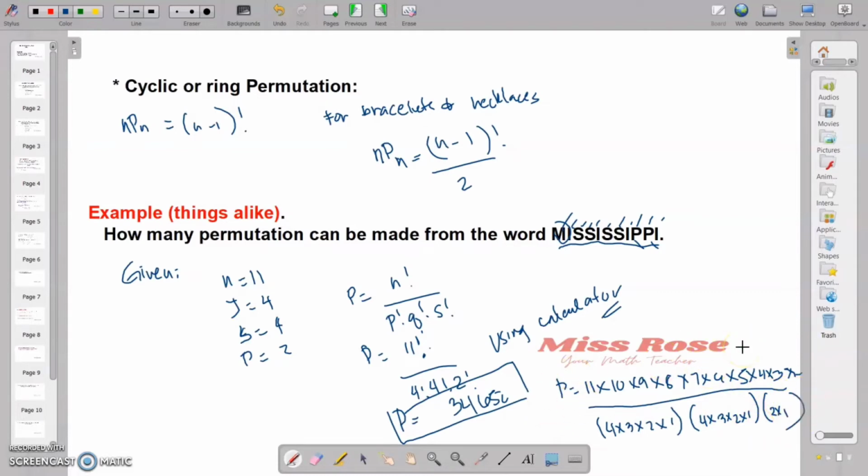Multiply all. So 11 times 10 times 9 times 8 times 7 times 6 times 5 times 4 times 3 times 2 times 1.